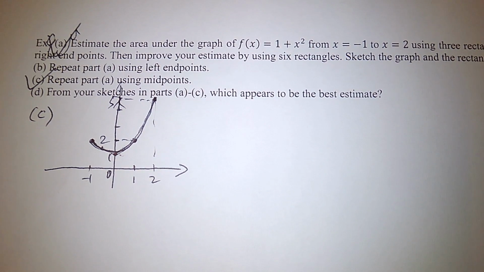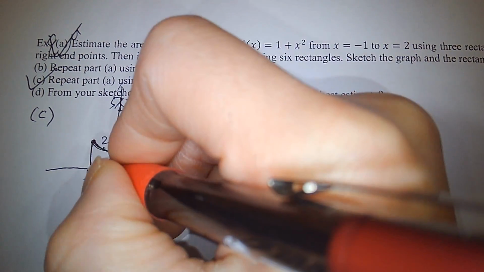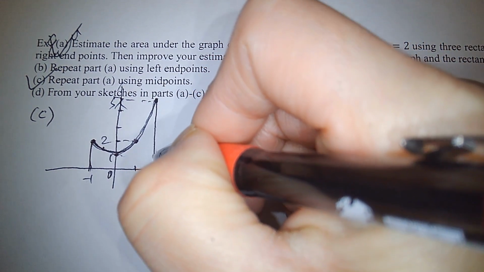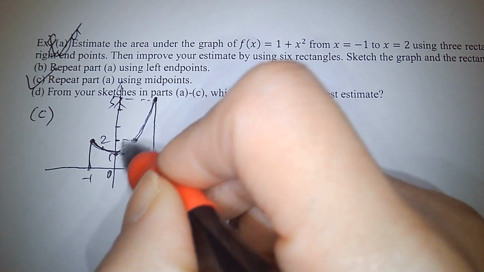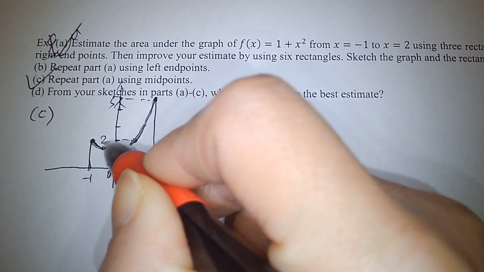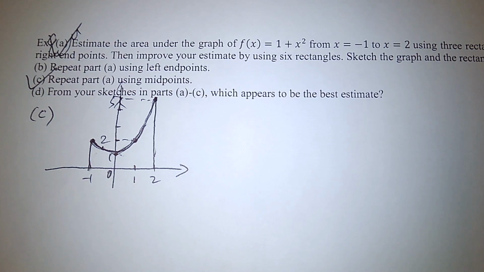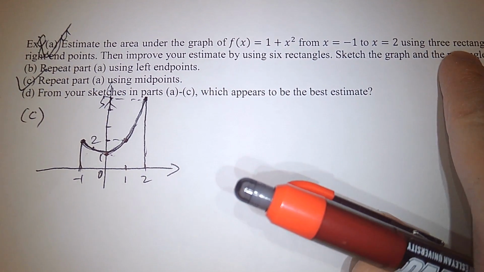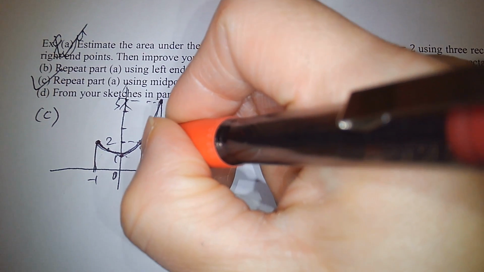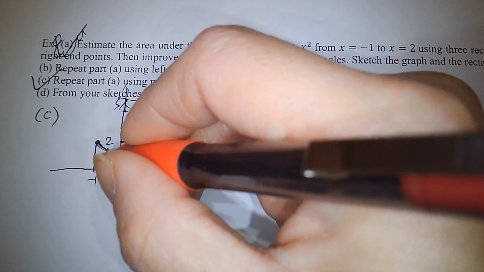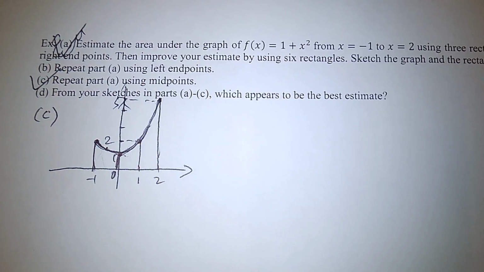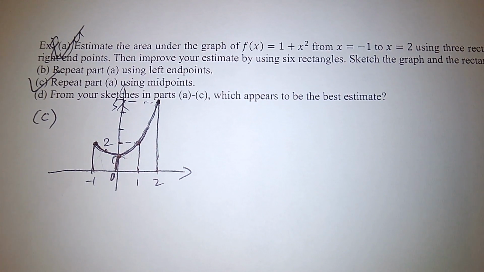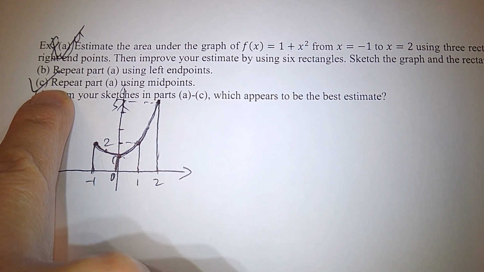Bounded by x equals -1 and x equals 2, we're going to estimate the area of this region S, right? First, using 3 rectangles, 1, 2, and 3 rectangles, right? And in part C, what are our sample points?